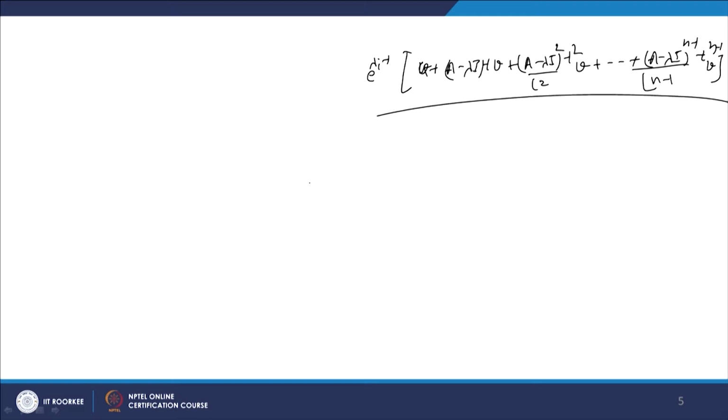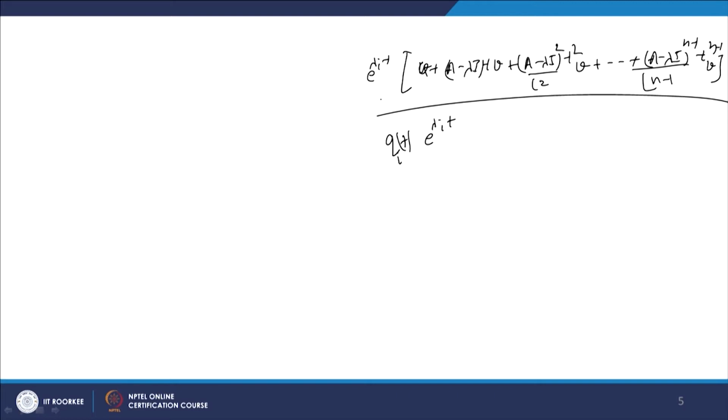We can arrange this and write it as q_i(t) e to the power lambda_i t.